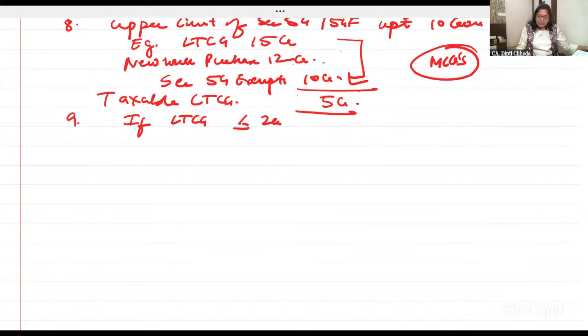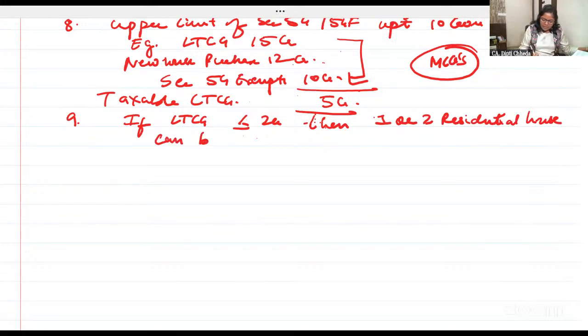So if the long-term capital gain is up to 2 crore, then 1 or 2 residential houses can be purchased.